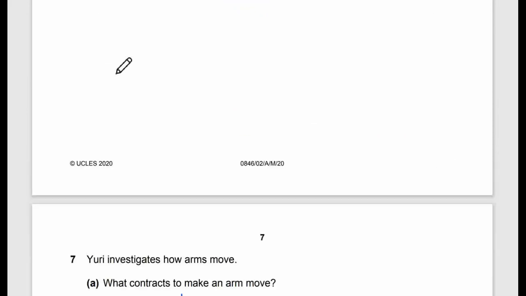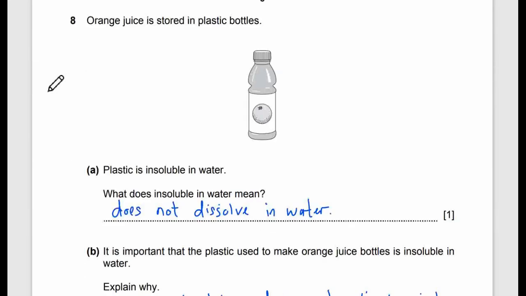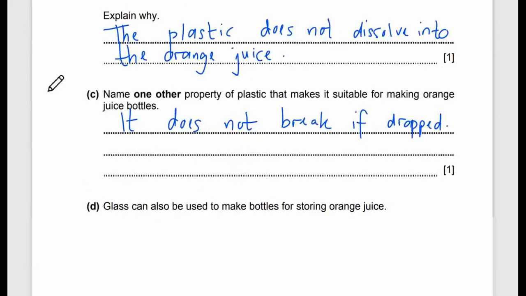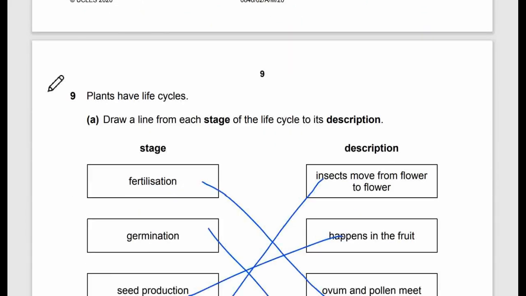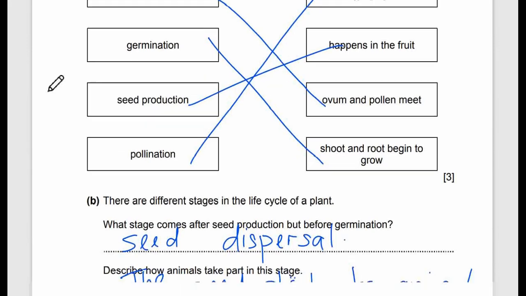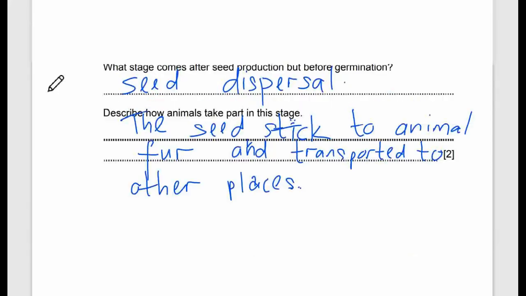This is number 7 MarkScheme, 7A and 7B. This is number 8 MarkScheme, 8A, 8B, 8C and 8D, and this is number 9, and this is number 9B. Alright, so that's it for today.